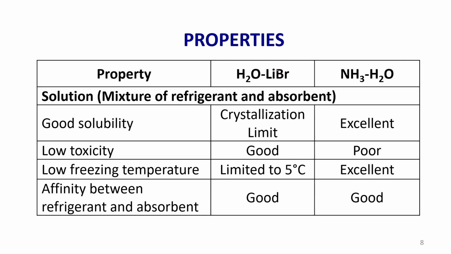Next one is solution. Solution means it is a mixture of refrigerant and absorbent. So, first property should be good solubility. There is a problem associated with the lithium bromide. Lithium bromide is available in the form of salt.